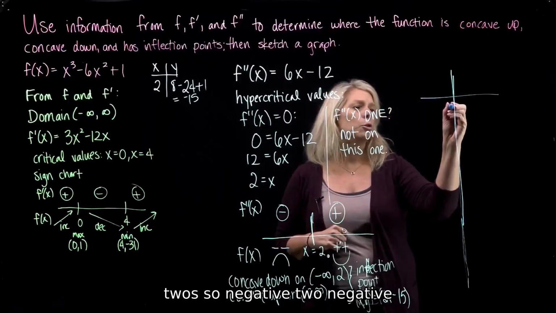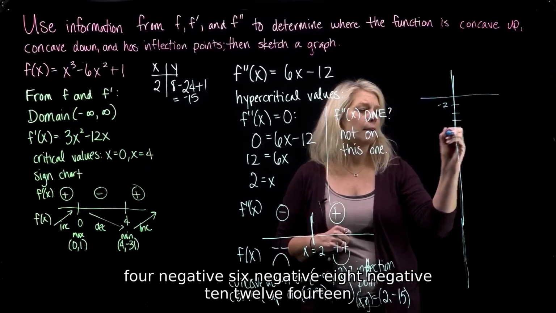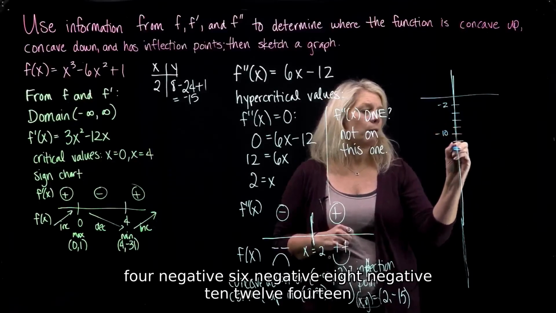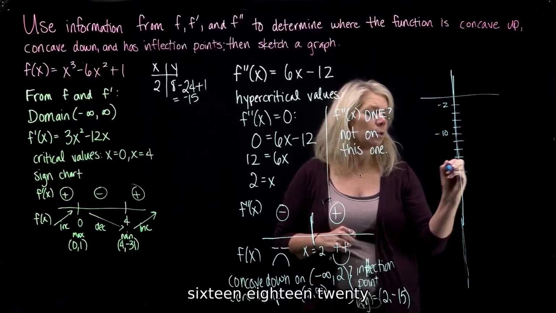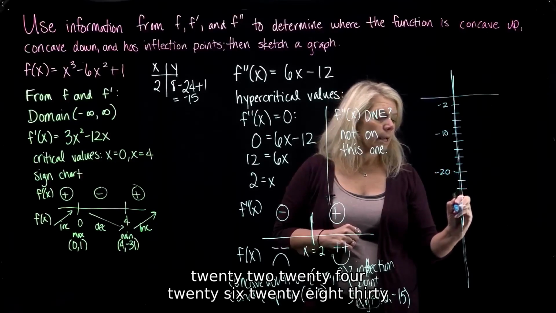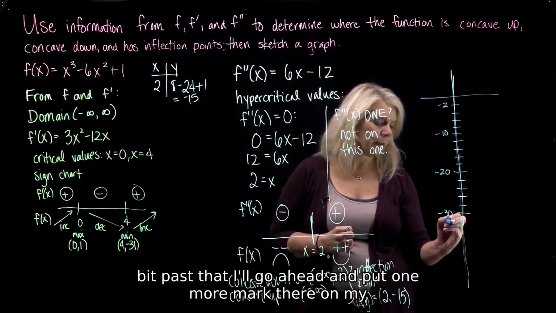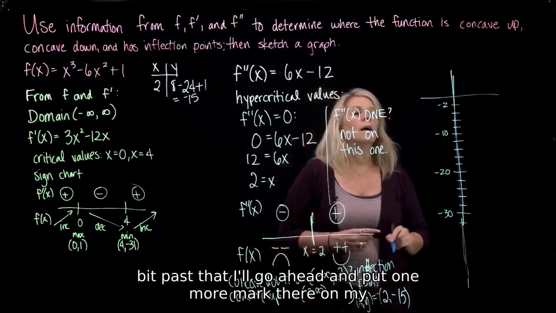Maybe I'll scale by 2s. So negative 2, negative 4, negative 6, negative 8, negative 10, 12, 14, 16, 18, 20, 22, 24, 26, 28, 30. Okay, so negative 31 would be just a little bit past that. I'll go ahead and put one more mark there.